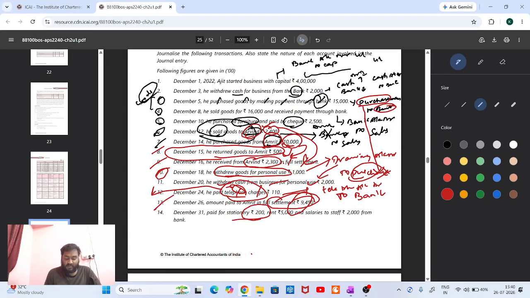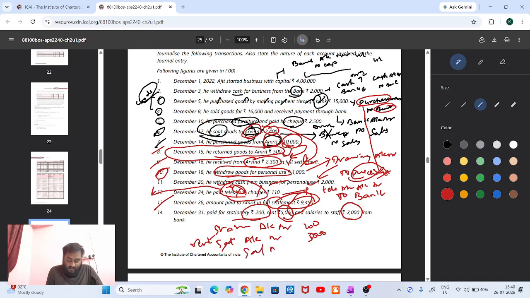Paid for stationery 200, 5,000 in staff salary 2,000 from bank. So stationery account debit 200, salaries account debit 5,000. Sorry, rent.